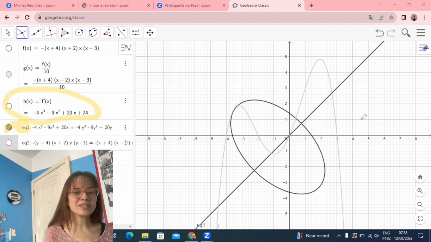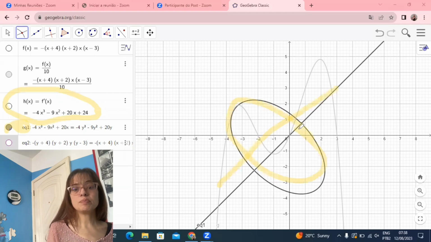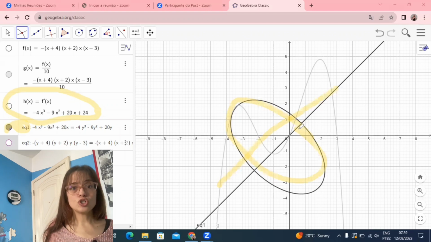I know that it looks like we are seeing two different things here, a straight line and then this oval thing, but it's only one equation, okay? The set of points in the coordinate plane that satisfy the equation that I typed has these two distinct parts. The straight line shouldn't be surprising because it is the line y equals x.